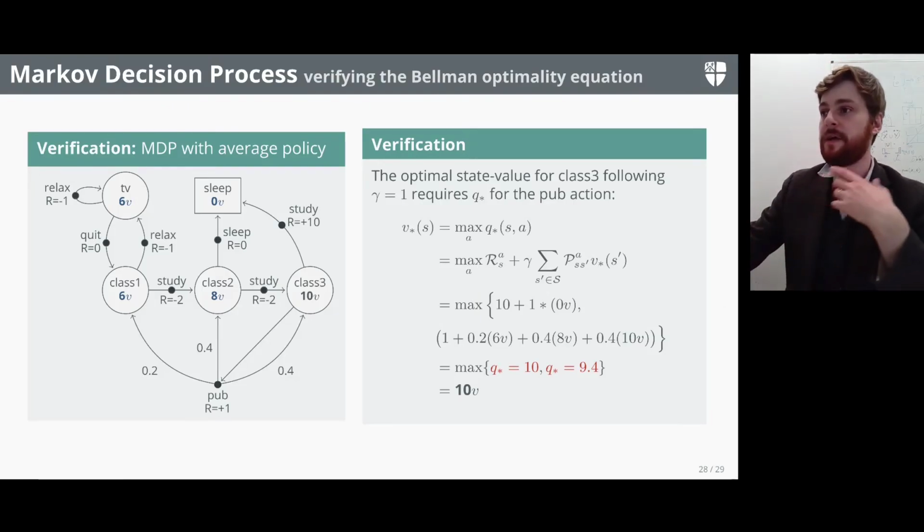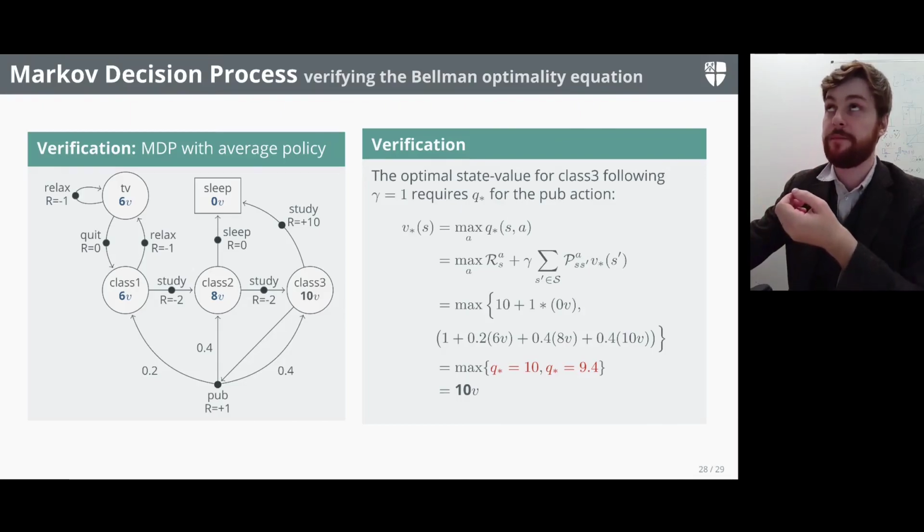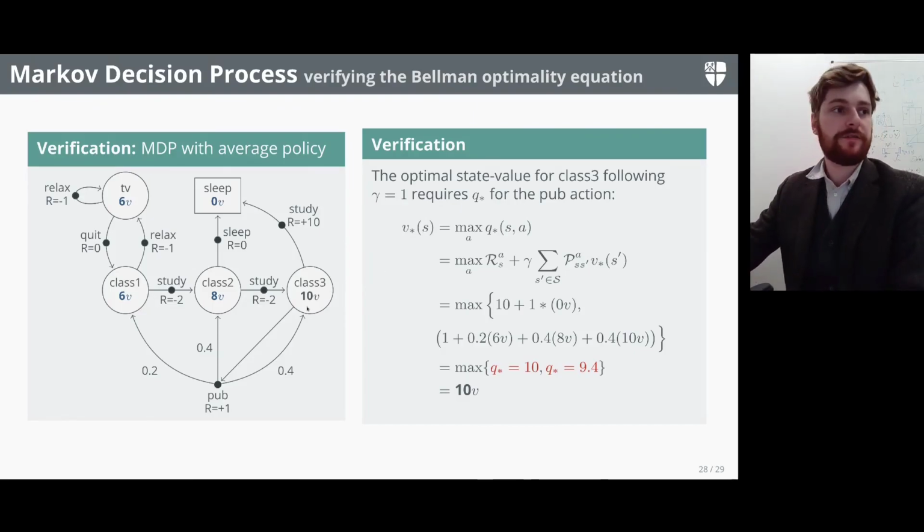Just to make this concrete, we'll have a last example of how we can compute the optimal value function and the optimal action value function, V star and Q star. For class 3, if we recall the definition of V star from the previous slide, it's equal to the maximum action value function. Taking that definition out, it's the maximum of the reward for taking that action plus the discounted sum over the next states.